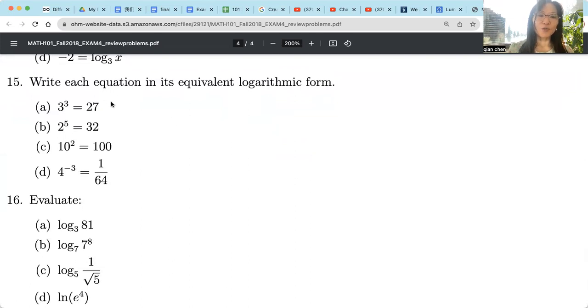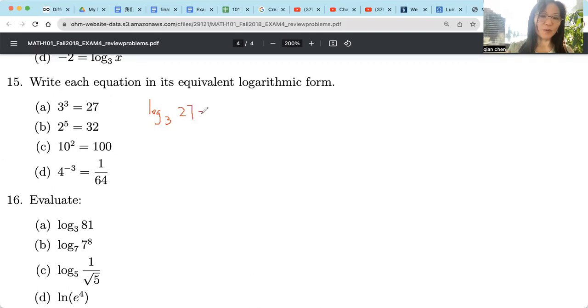Now let's see 15. In 15, we want to write each exponential equation into a log equation. So first, we write down the 3 letters, log, just a name, all right? What is the base in the exponential equation? 3. What's the value? 27.